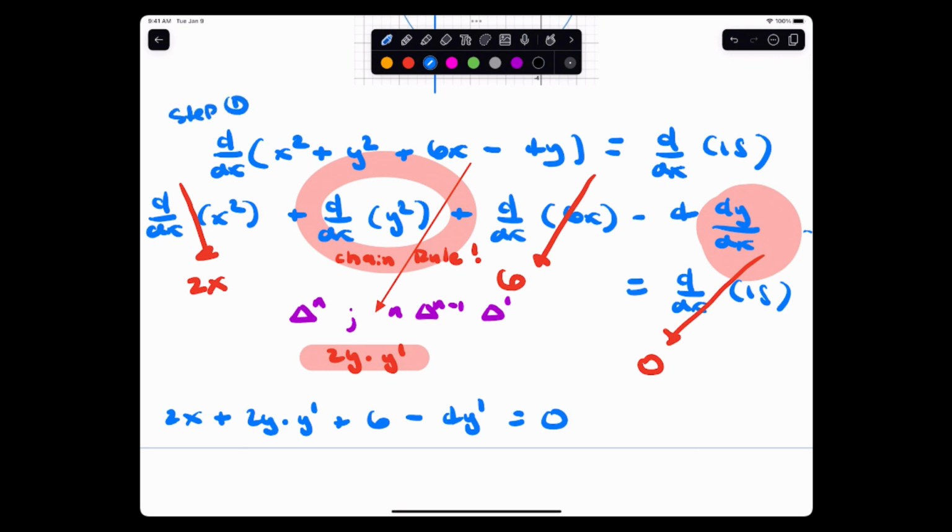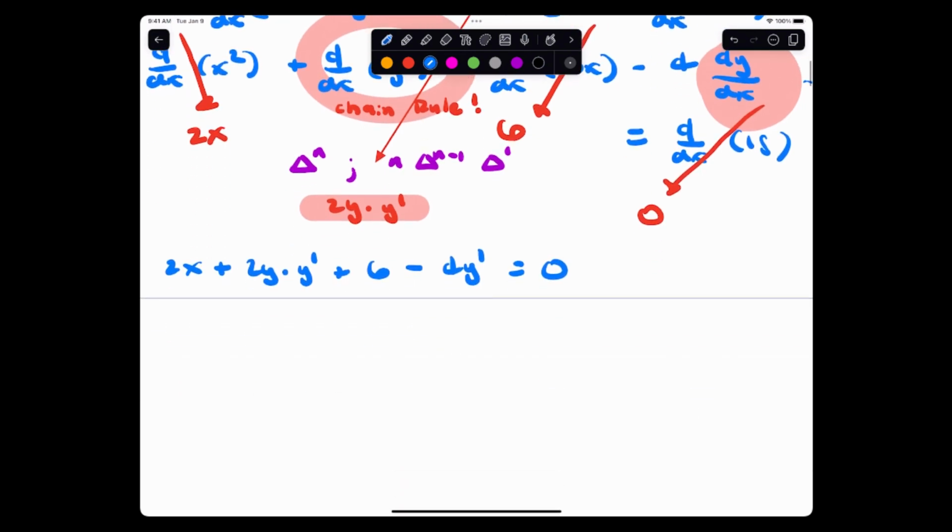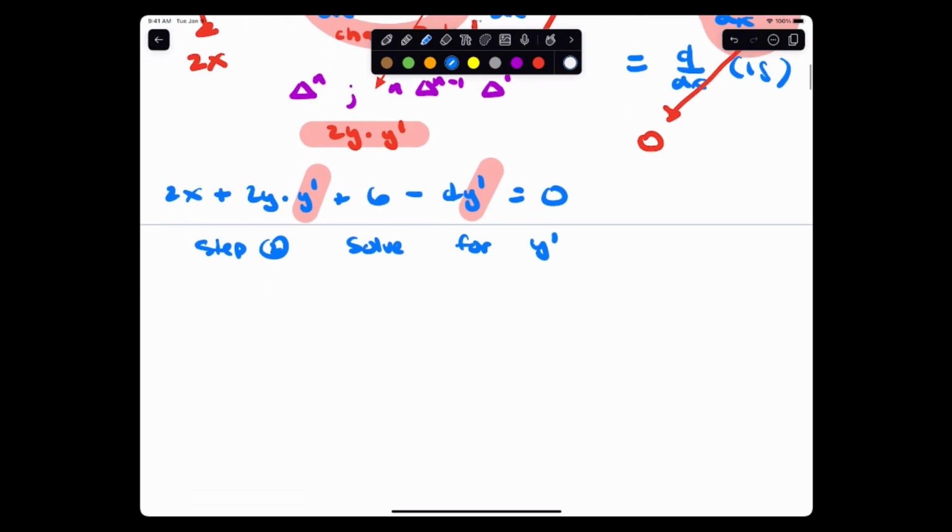So who remembers from yesterday, what was step 2? You solve for y prime. And this is where algebra comes into play, ladies and gentlemen. Solve for the y prime. Hopefully your algebra skills are pretty good.